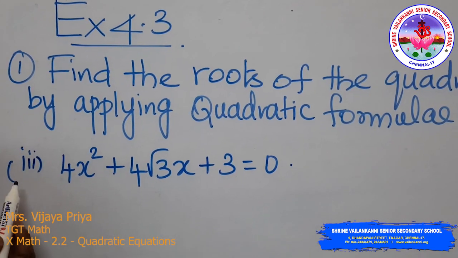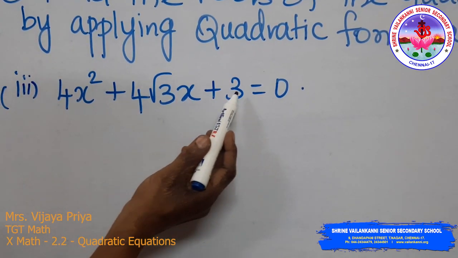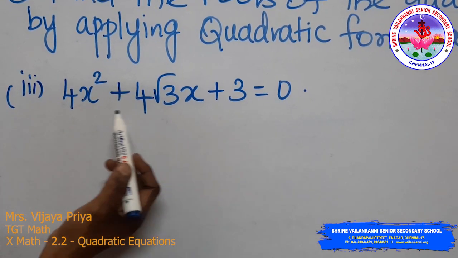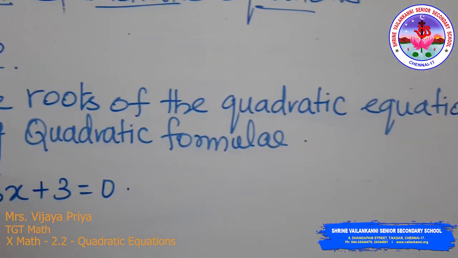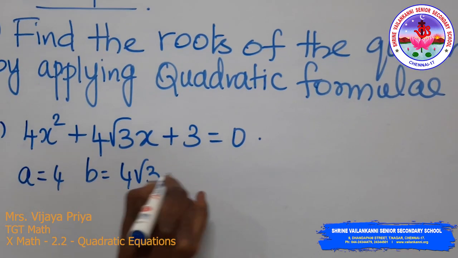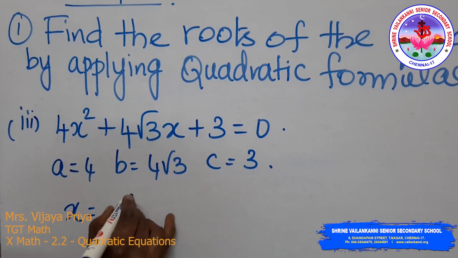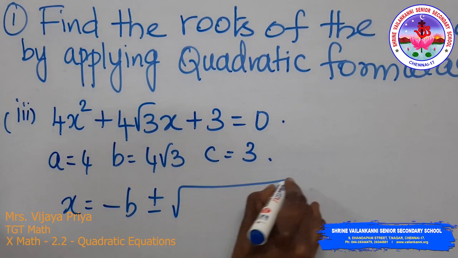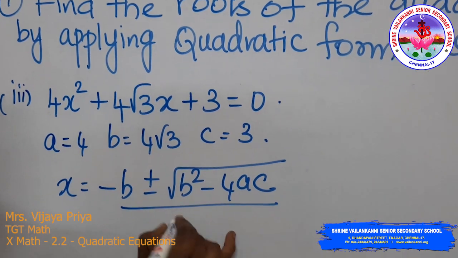First problem, third subdivision, 4x squared plus 4 root 3x plus 3 is equal to 0. So we are going to find the roots for this equation using the quadratic formula method, where a is equal to 4, b is equal to 4 root 3, c is equal to 3. The quadratic formula, x is equal to minus b plus or minus square root of b squared minus 4ac by 2a.